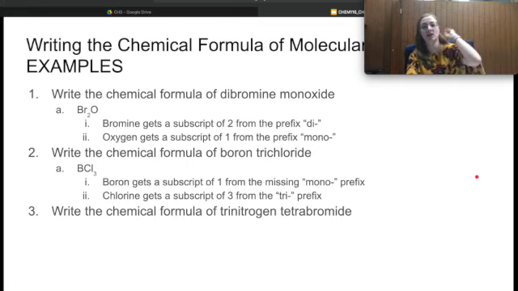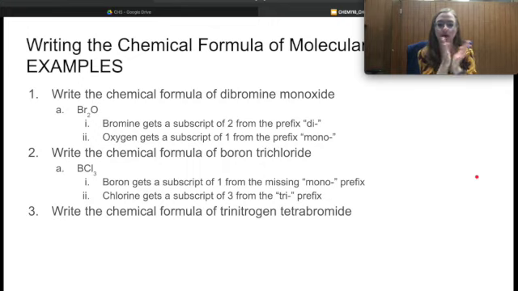One last one, then I'll leave you to your own devices practicing, and we'll move on to acids. So let's write the chemical formula of trinitrogen tetrabromide. Okay, so if I'm looking at trinitrogen, I see I have nitrogen as my element. I have tri as my prefix, so I have N3. Tri means 3, nitrogen N, N3.